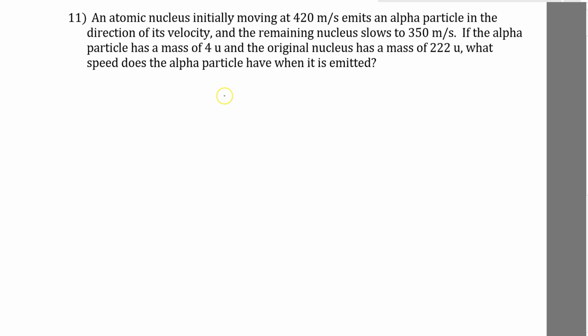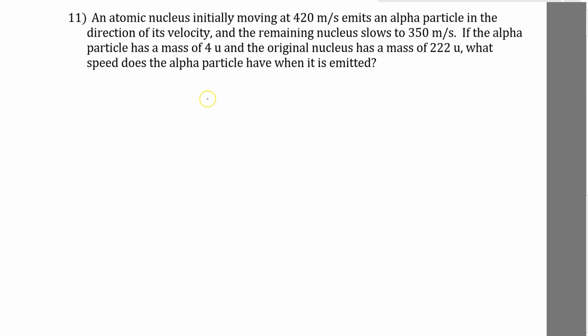So it's not a collision, really, which is what most momentum problems we worked were, but still, every physical process that has ever been observed follows the law of conservation of momentum, including alpha decay.